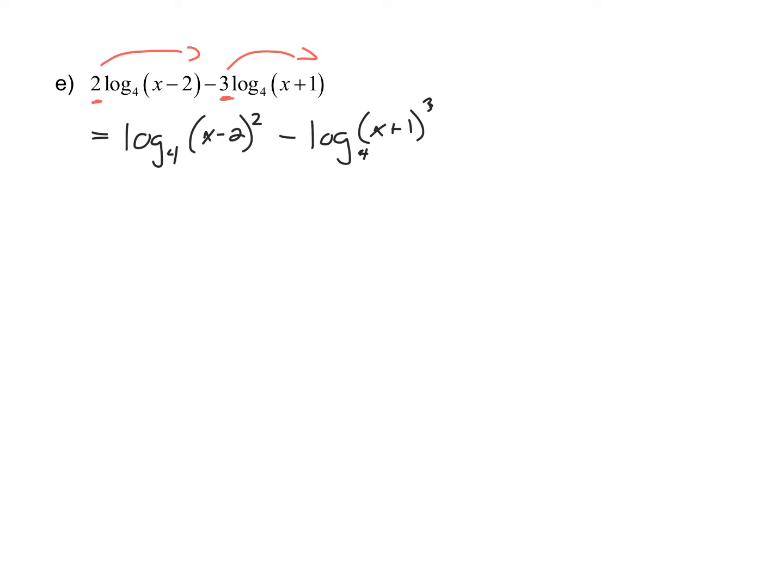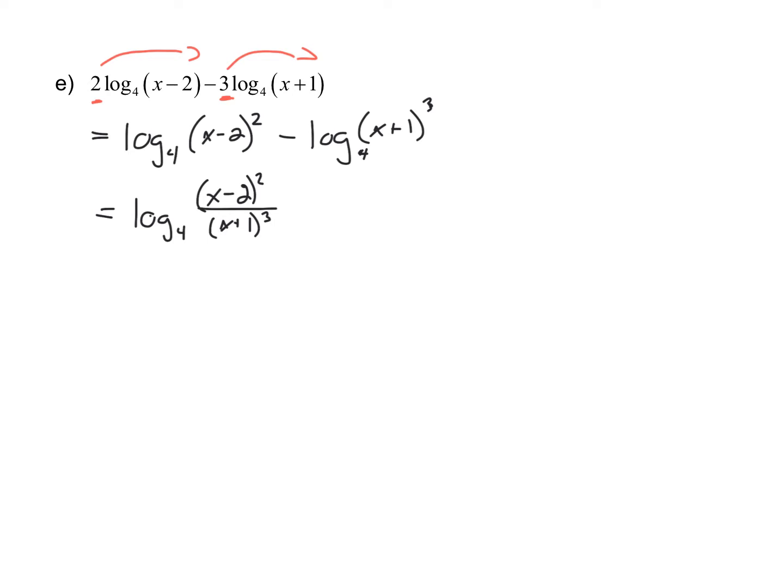And now that we have logarithms with 1's as our coefficients, now we can bring them together. Since there's subtraction, it will be division. So logarithm base 4 of a division, I'm going to have x minus 2 squared over x plus 1 cubed.